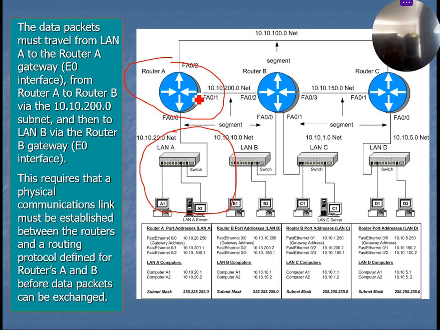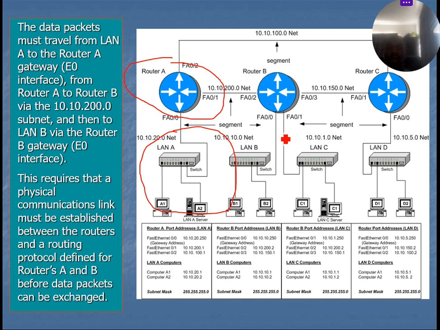Now from router A, it will have to be sent to router B. From router A to router B, this data packet has to move via 10.10.200.0. Okay, this interface, a point-to-point link, from this router statically. So the data packet has to be routed to router B via the 10.10.200.0 subnet, and then to LAN B. When it gets to router B, we forward it to LAN B because the MAC address is already there.